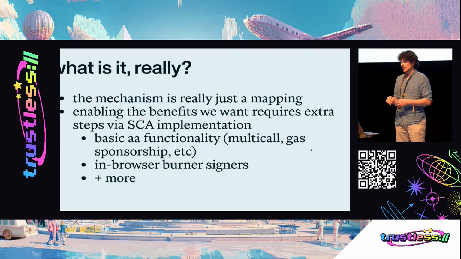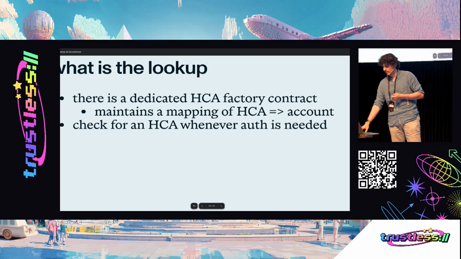It's a simple mapping, and it enables the benefits that we want to get for SCAs for every user, like basic multi-call, gas sponsorship, and everything that's beyond that hasn't been discovered with modular accounts, as well as what I'll go into detail in a sec about in-browser burner signers, which is allowing us to keep our wallet interaction limit very low, and in some cases even be able to achieve a full registration process in a single wallet interaction, which is really nice.